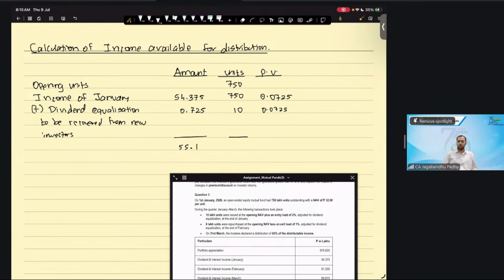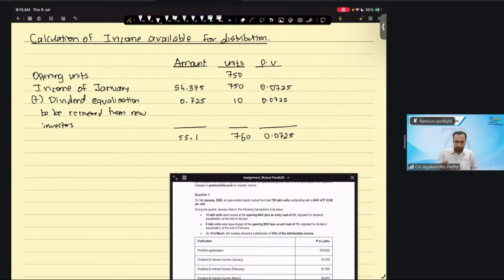This belongs to how many unit holders? 760. Right? And per unit wise, of course, it is 0.0725. So amount is 55.1, units is 760. So per unit is 0.0725.